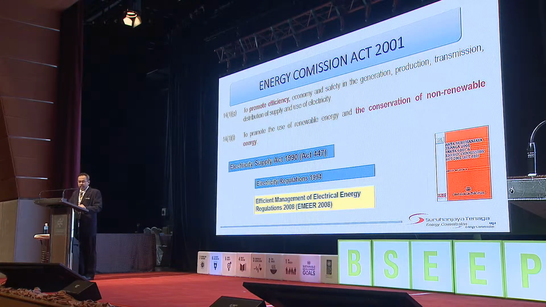And we also have another act, the Electricity Supply Act, and under this act we have regulations, that is Electricity Regulation 1994 and the Efficient Management of Electrical Energy Regulations 2008, or EMER. We will focus more on the last one, the EMER.